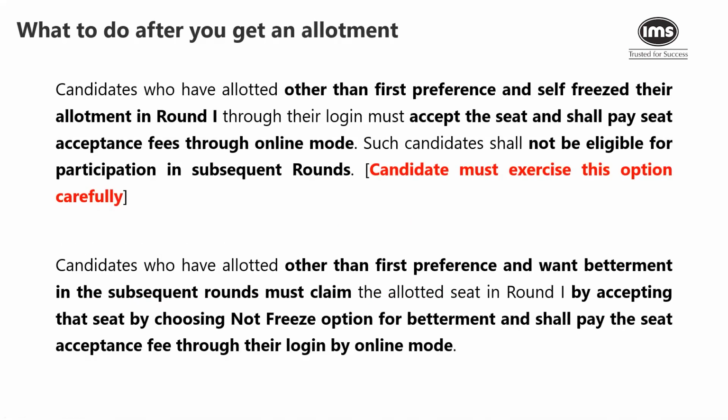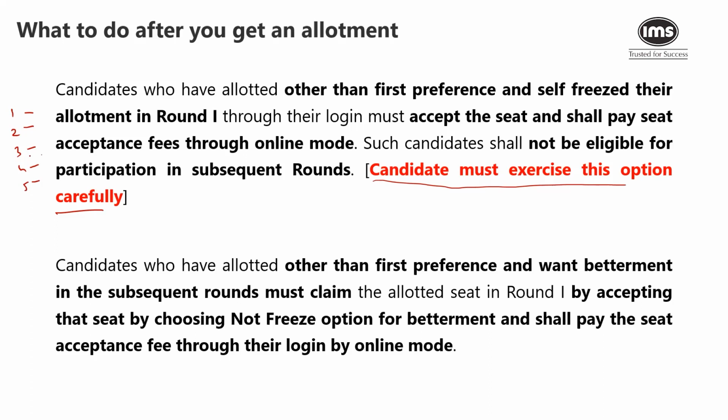Now, there are 2 more cases that are possible. One is you get something which is other than your first preference and you end up freezing it. And by the way, you're not supposed to do it. So candidate must exercise this option carefully. So we have written this warning and notice for you. So what we are trying to say here, let's say you have put 1, 2, 3, 4, 5, right? These are the preferences that you have put.